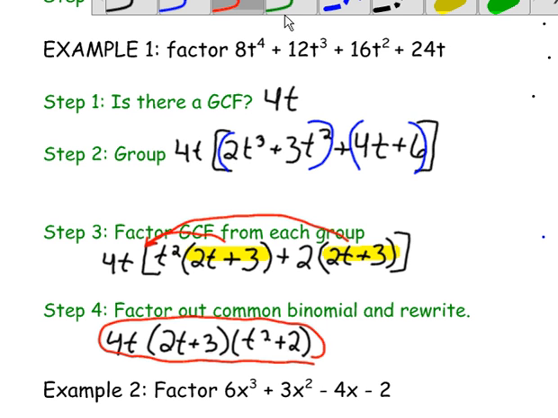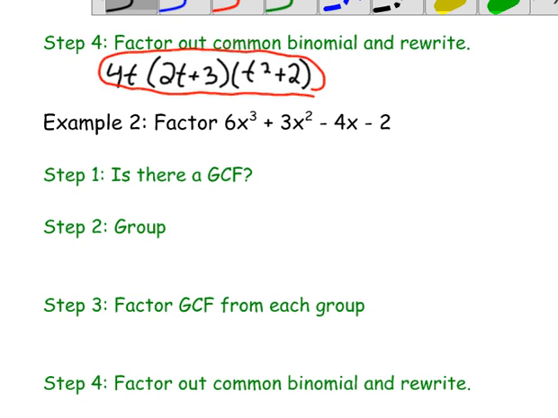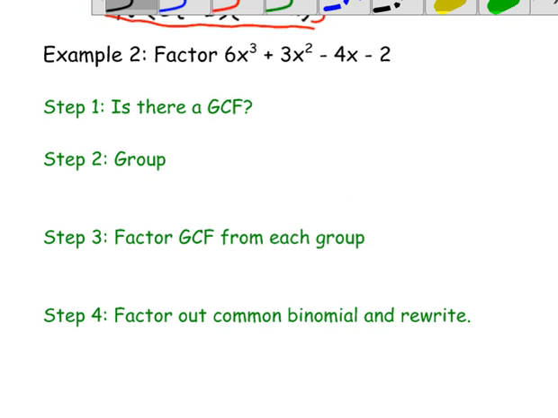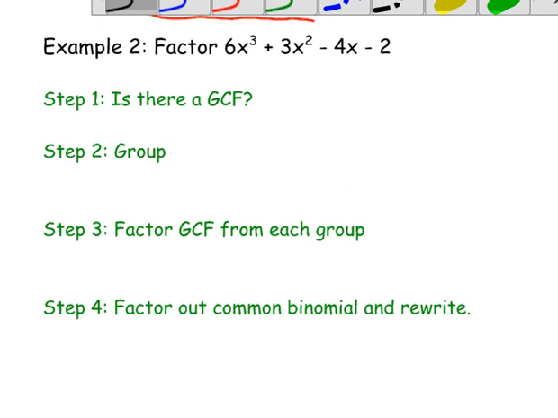Okay, let's move on to the next problem. Example number 2. We're going to factor 6x to the third plus 3x squared minus 4x minus 2. Okay, step 1. Is there a greatest common factor among all of them?